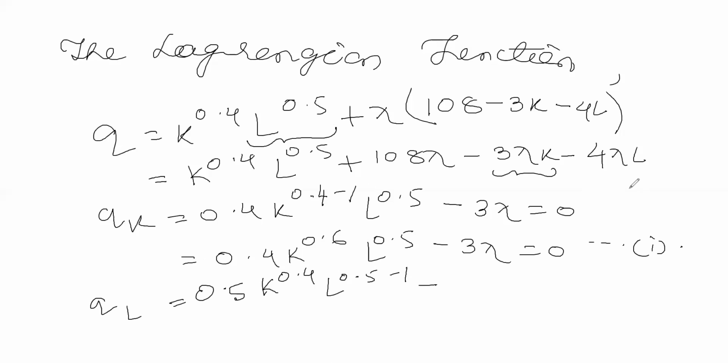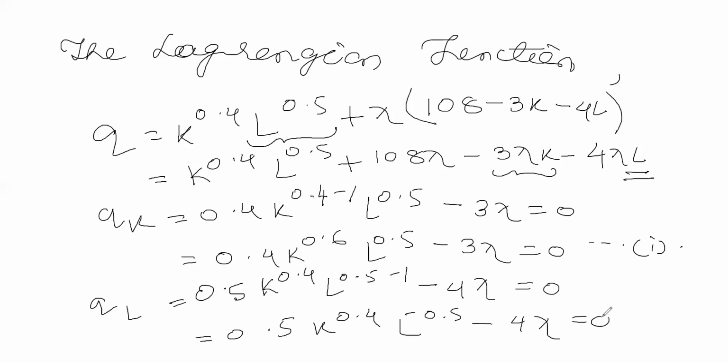And then as we are differentiating with respect to L over here, we are left with again 4 lambda. Set it equal to 0. From here we get 0.5 K to the power 0.4, L to the power negative 0.5, and minus 4 lambda, which is equal to 0. And this provides us with equation number 2.